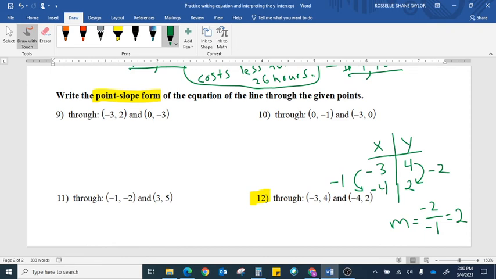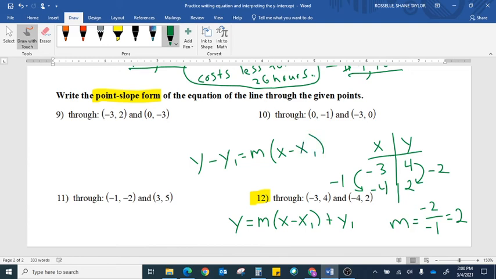So I've got to remember my point slope form: y equals m times x minus x1 plus y1. You may also see it like this: y minus y1 equals m times x minus x1.